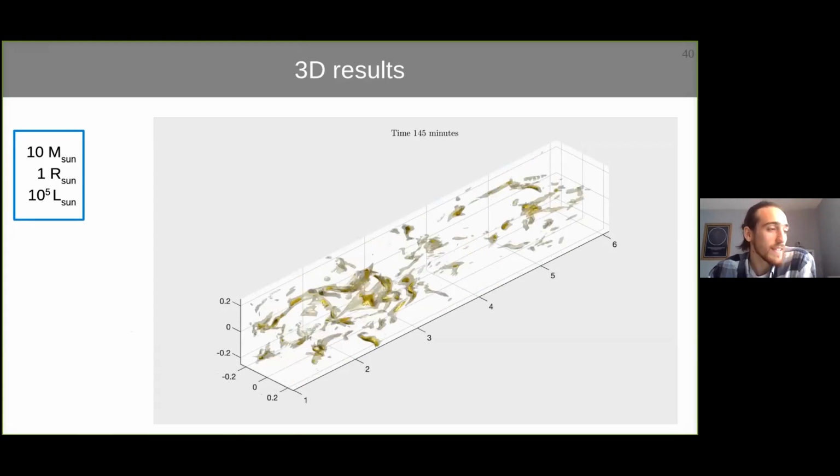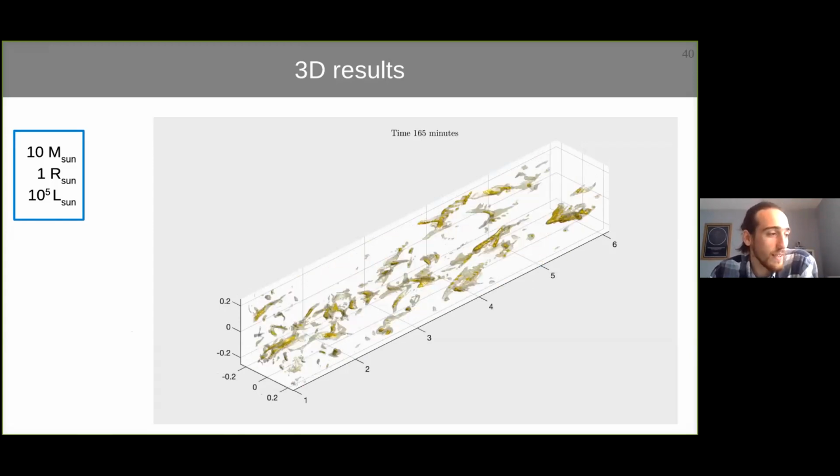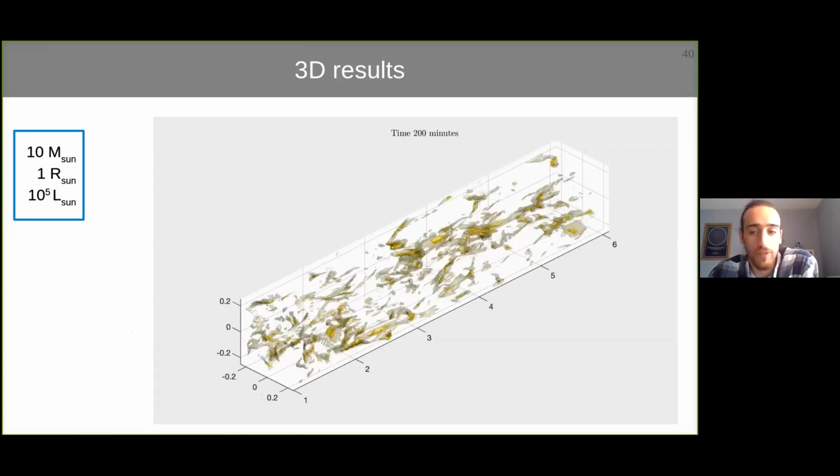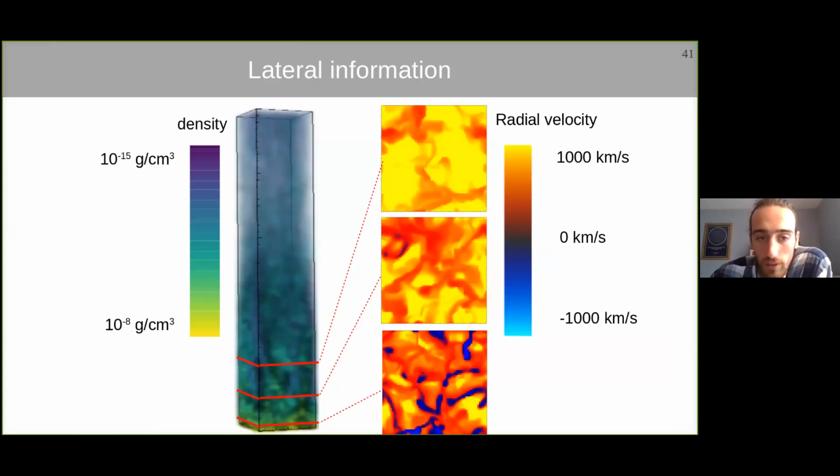The nice thing about these models is that we can now actually have a look at the full 3D shapes of these clumps. Here we see the same simulation displayed in a different way, where we have a volume render of the density on the left-hand side, and we look at the radial velocity at certain lateral slices on the right-hand side.